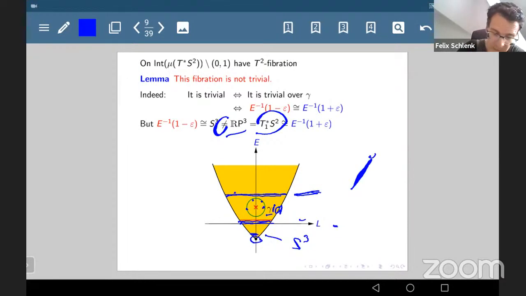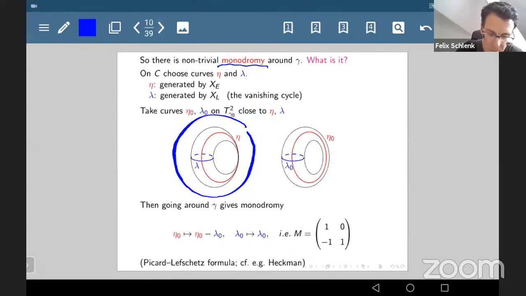But the choice of basis is governed by the pinched one. So I choose on the pinched torus a basis of the homology, the eta curve. It's just like in S1. And then I also choose this one, namely the vanishing cycle, the only interesting curve that can be moved into the pinch point.